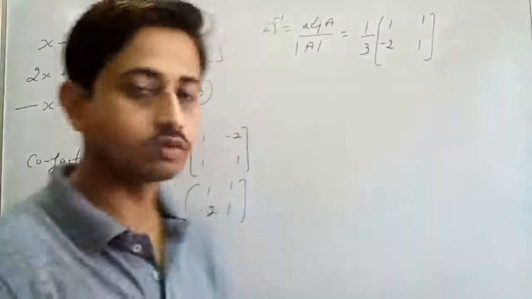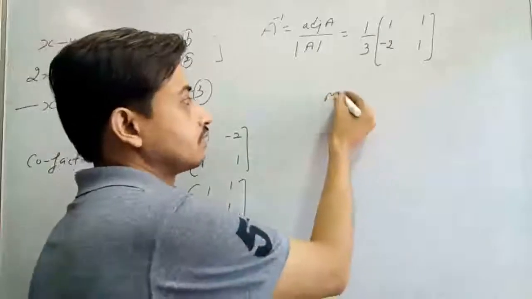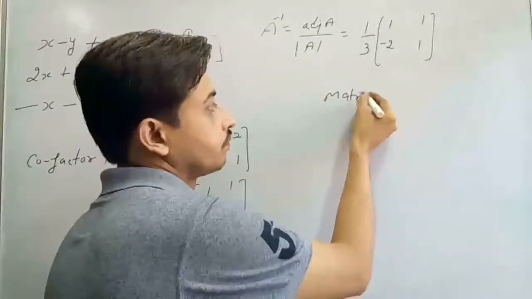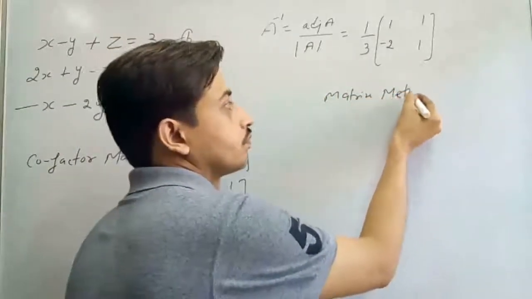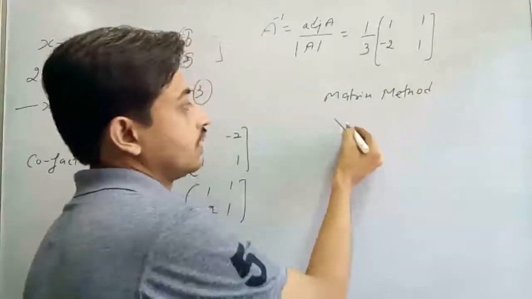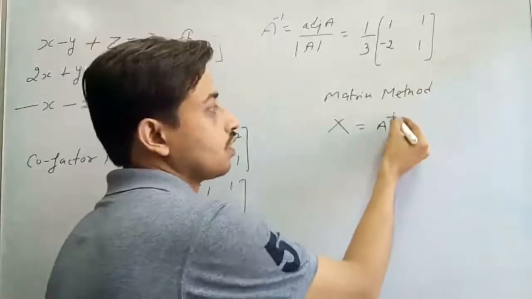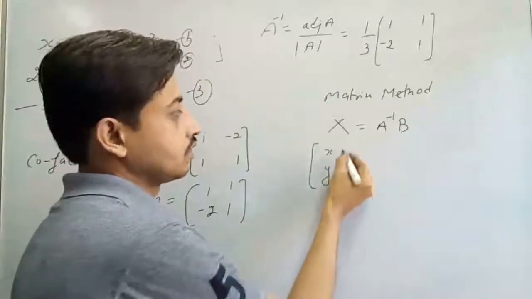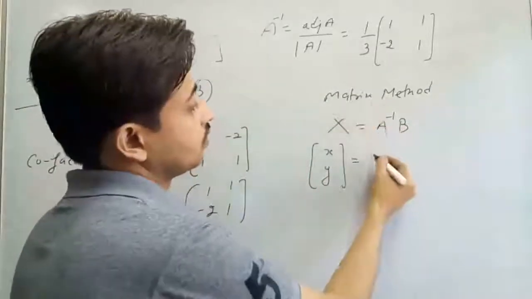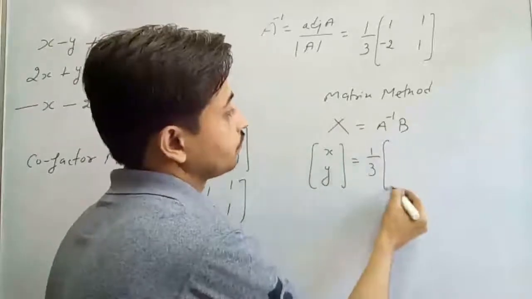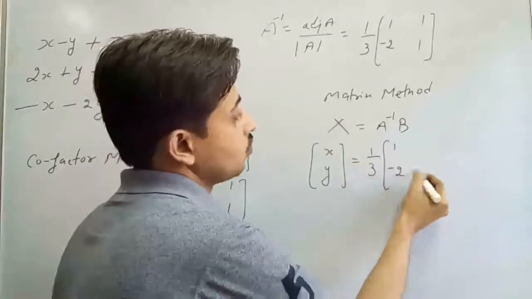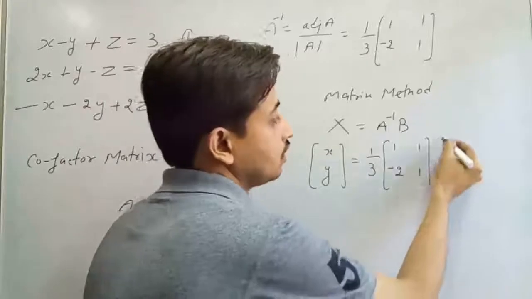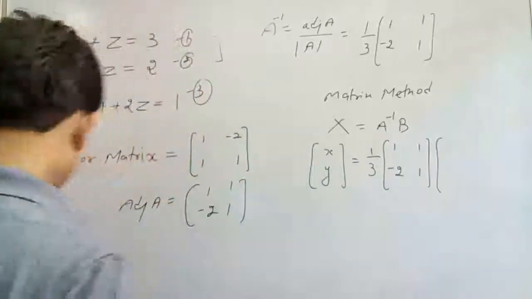Now we have to find the solution by the matrix method. X is equal to A inverse B, and we know X is what? The variables X and Y. And what is A inverse? 1 by 3, 1, minus 2, 1 and 1. And now what is B?